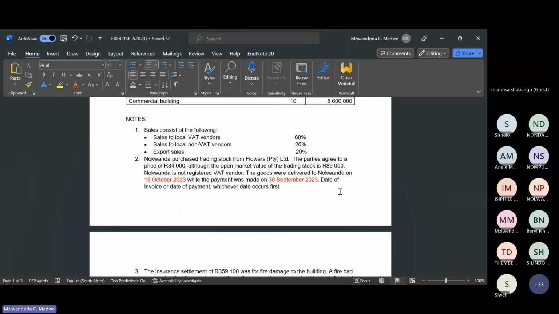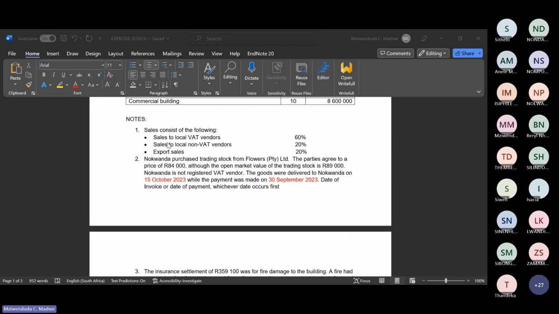Coming back to our note 2, which one is the earliest date here? 30 September. 30 September. You see that we are all in class now, it is not that I am alone here. 30 September.